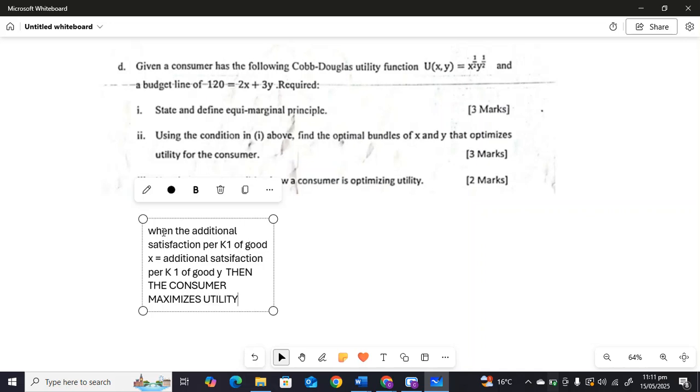Okay, basically you get the most satisfaction when the additional satisfaction per one quadrant is equal for all goods.